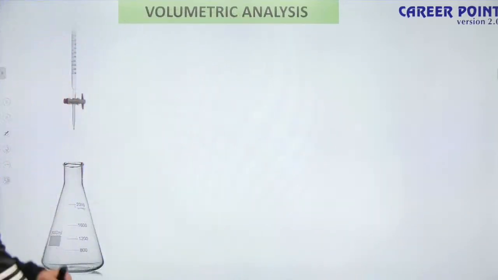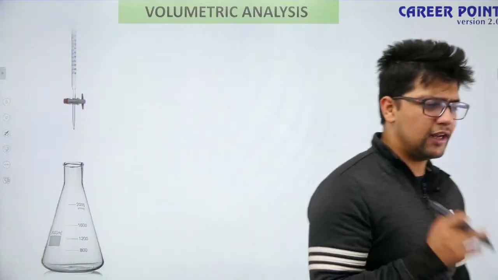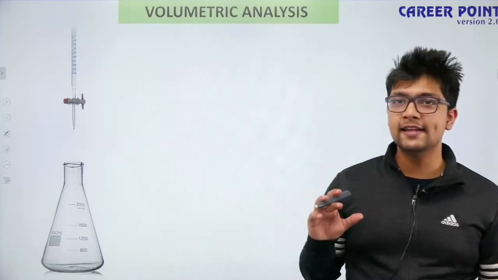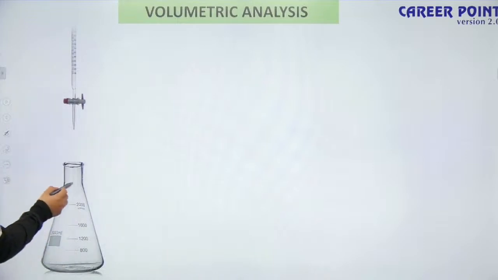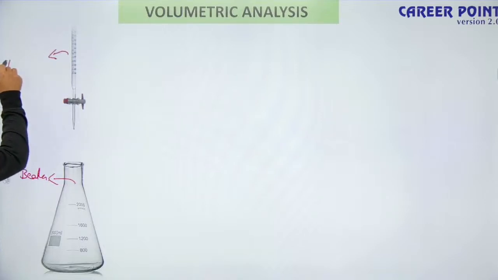So what is volumetric analysis? When you enter your chemistry lab, I don't know when that day will come, but in case it comes soon, there is this type of setup: a beaker or flask, let's say beaker, and an instrument called a burette.